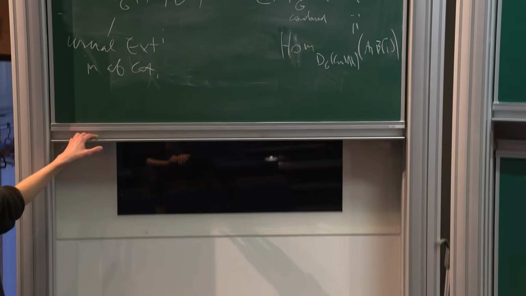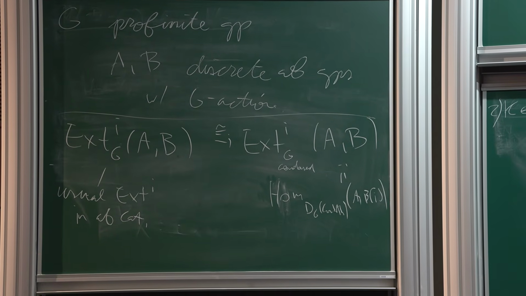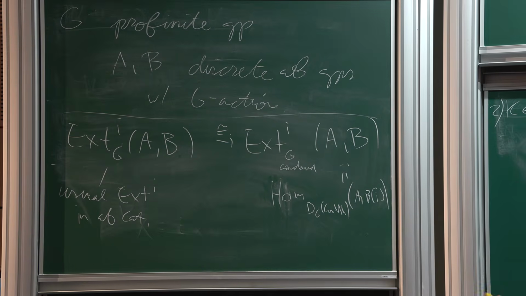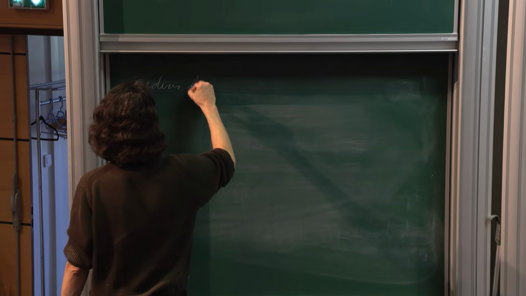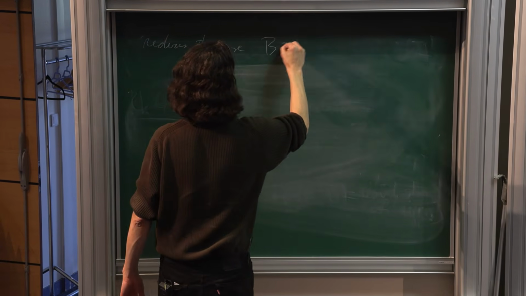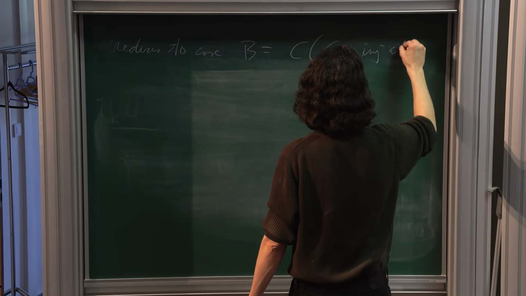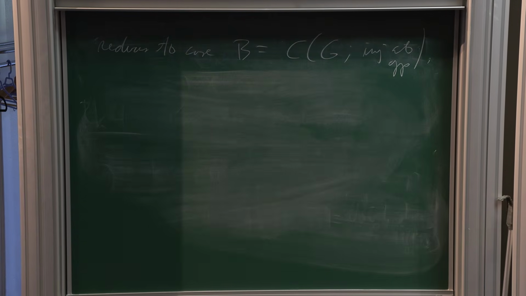So the standard cohomology, that is group cohomology with discrete coefficients for profinite groups, or Ext groups even, is the same as the thing you just natively get from doing everything derived condensed. The proof is not difficult, so it just reduces to the case where B is continuous functions from G to some injective abelian group. By injective resolutions of B, you can reduce to that case.